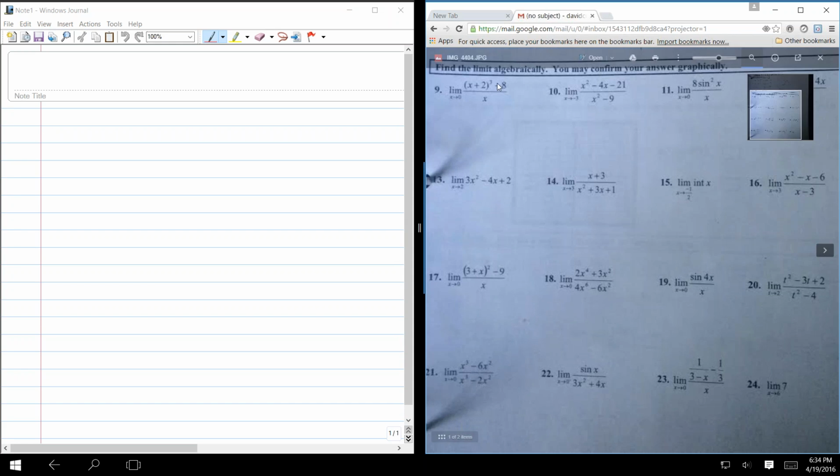It would be 0 over 0. In other words, when I substitute 0 for x, I get 2 cubed, which is 8, minus 8. Oh, yeah. So it's a 0 over 0. I can tell you right now, every one of these is going to be 0 over 0, because otherwise they wouldn't be giving them to you. Anything that's not 0 over 0 is easy.